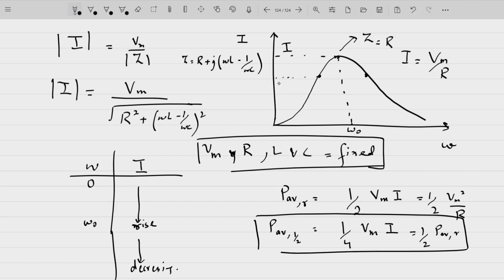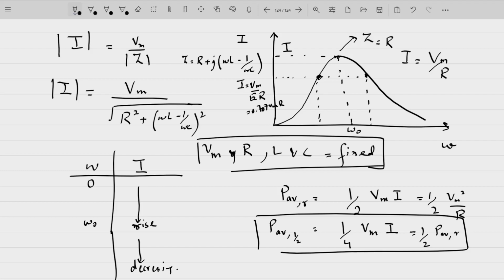So at this particular point I will be equal to Vm by root 2 into R, or instead of writing Vm by root 2, that's Vm divided by 1.414, you can say simply 0.707 Vm by R.